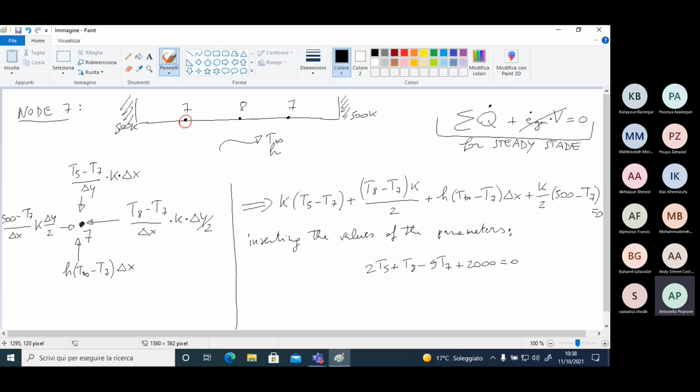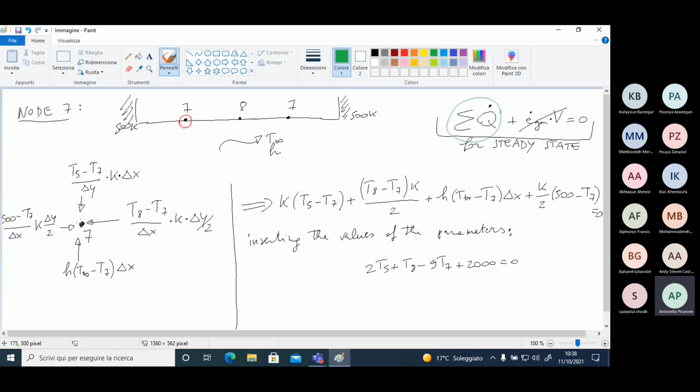If you remember, I use the equation obtained from the equation to be solved for the interior nodes. For the boundary nodes, I have to write the energy balance. And the energy balance for steady state with no generation inside is nothing else the summation of all the heat transfer rate that arrive on my node equal to 0.